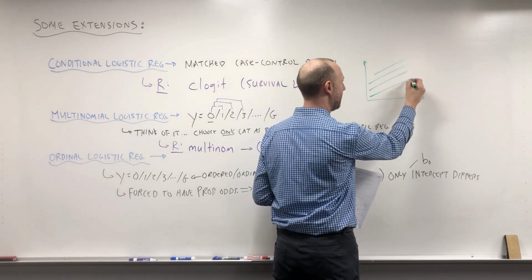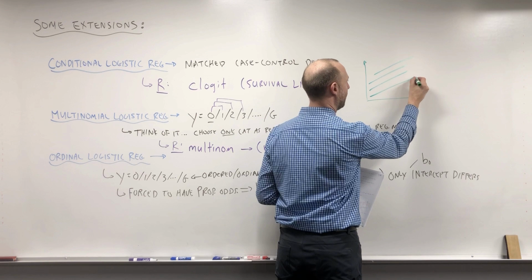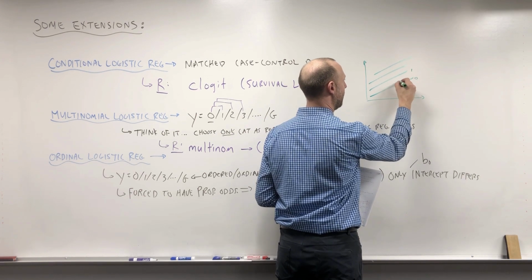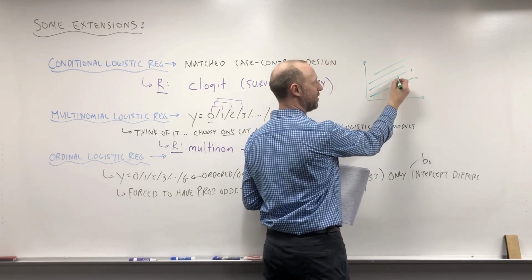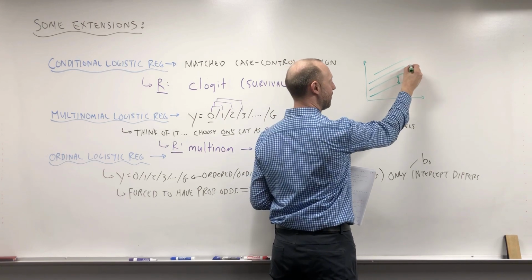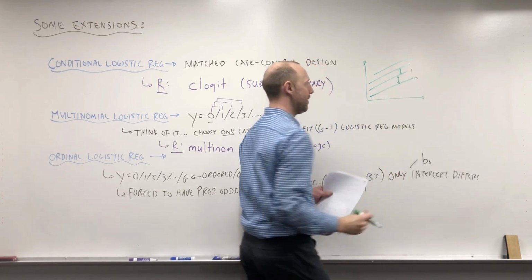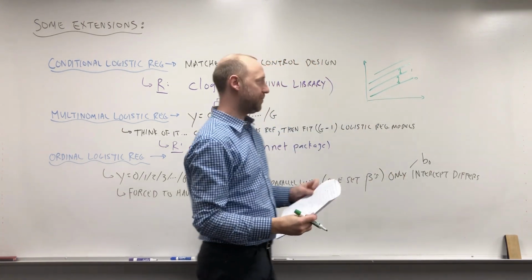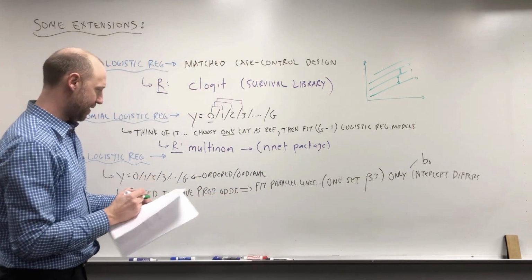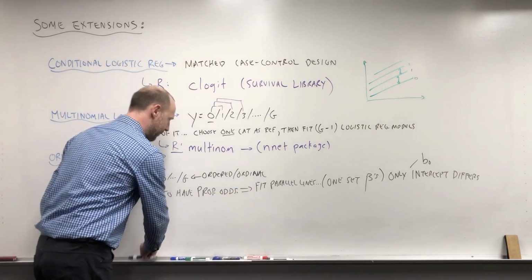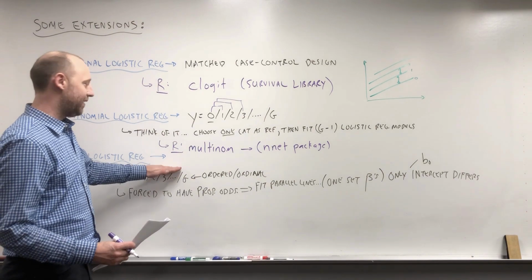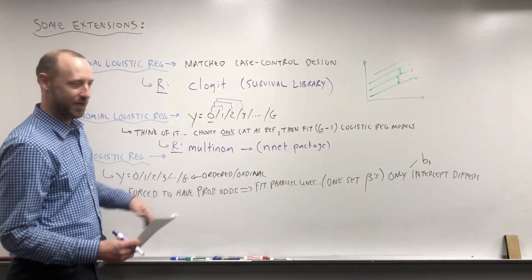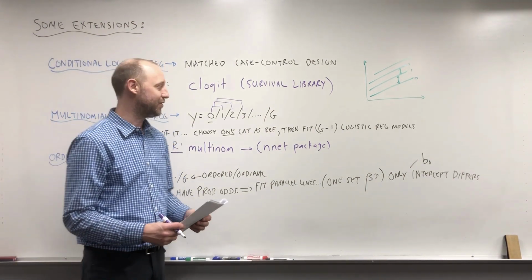And the jump from category 0 to 1 is captured in the change in the intercept. From category 1 to 2, again, by having a different intercept. I don't want to go too much further into that because I'm really only introducing what it is and what it's used for.